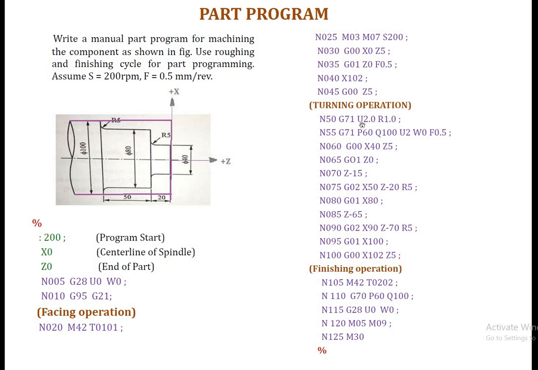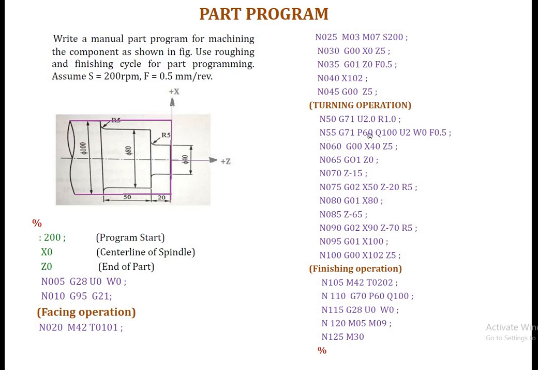We have already discussed U and R. U represents the depth of cut for each pass. R represents the relief. The main thing in the second block is P and Q. Here N55 is the sequence number for the second block of a roughing turn cycle.